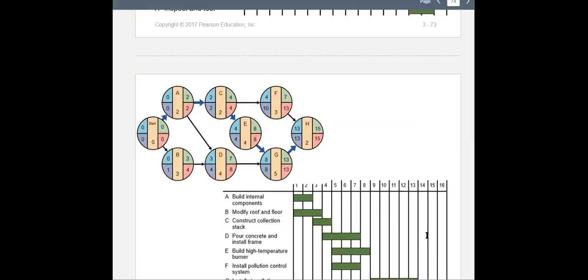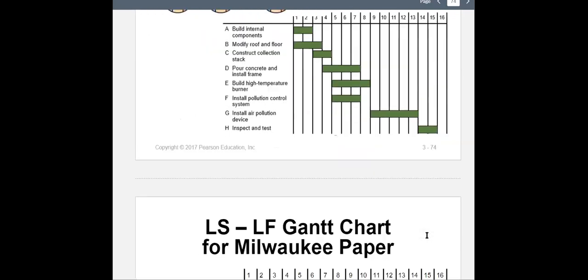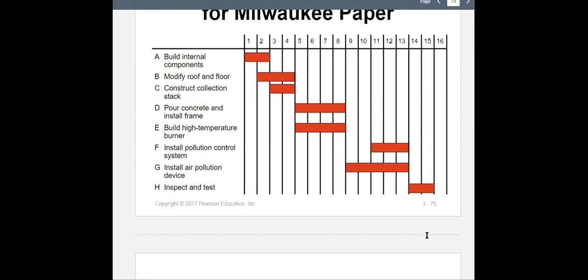So we earlier found out, let me write it down: A and C and E and G and H. 1, 2, 3, 4, 5. So these 5 are on the critical path.